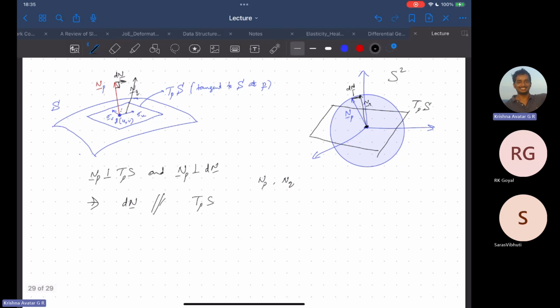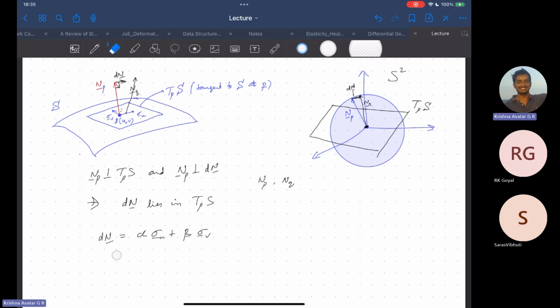It's the same thing you can always describe. Here you can always see that dn has no component along the n vector direction, which means that dn lies in TpS. That's very evident because you can always represent it in terms of some alpha times sigma u plus beta times sigma v.